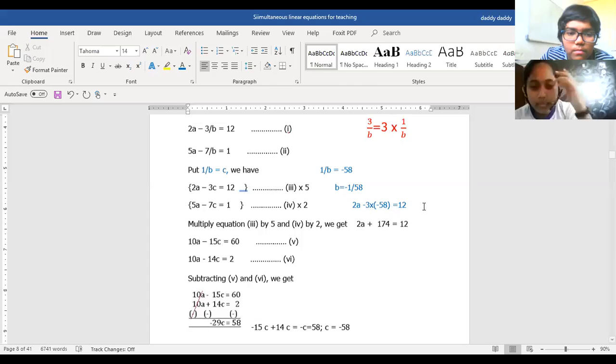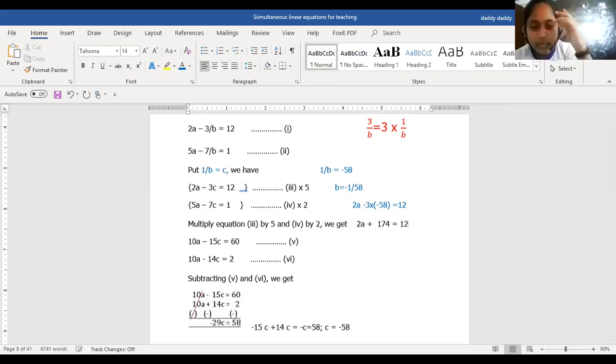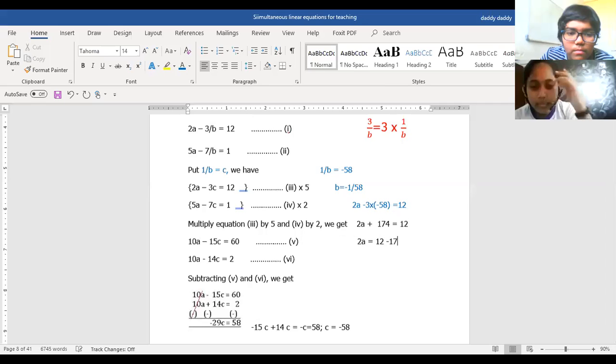Now 2a is equal to 12 minus 174. Ma'am, it's 1 minus 81. 4. So next line you go. 2a, what is 170? Ma'am, the answer is minus 81. a is equal to minus 81.